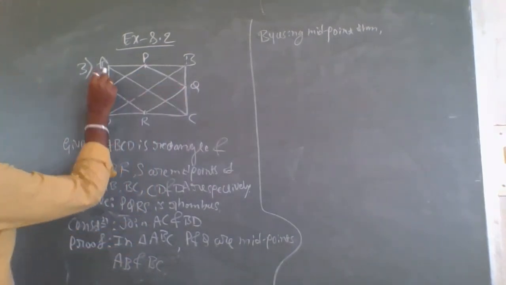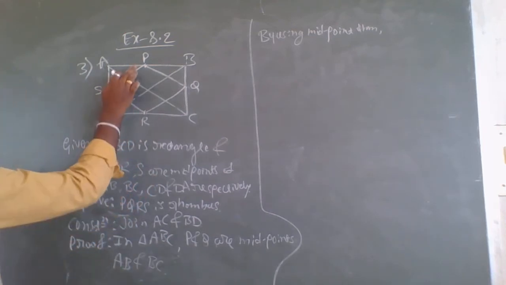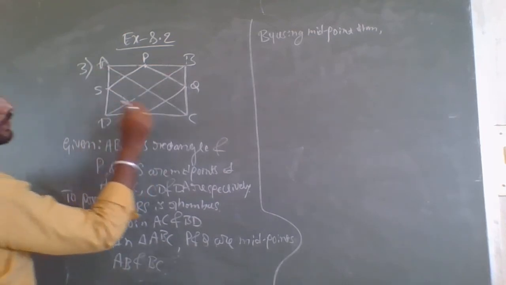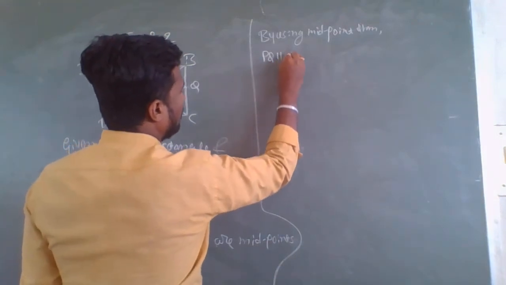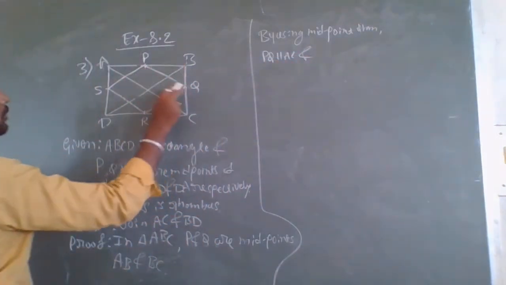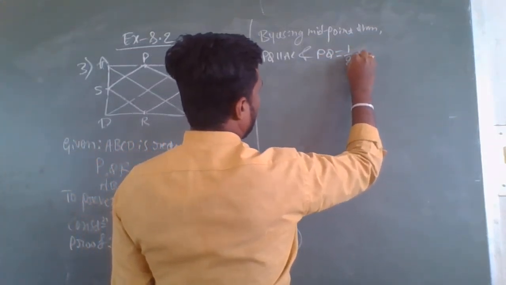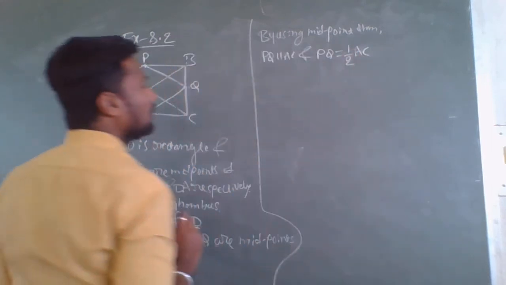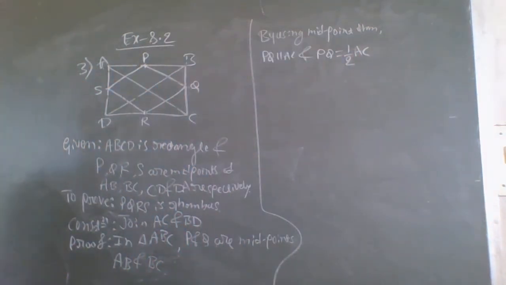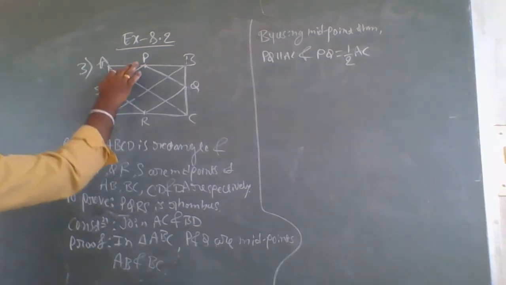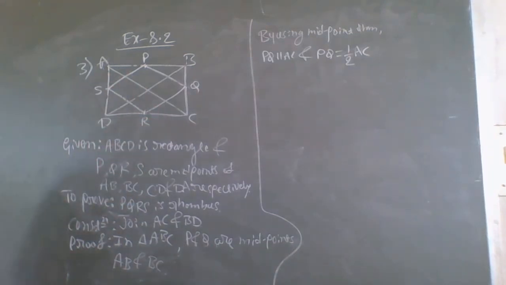PQ is parallel to AC, meaning this side PQ is parallel to the third side AC, and PQ is half of AC. This is my midpoint theorem, and in the previous class also we solved problems by using the midpoint theorem. So here I will write directly: PQ is parallel to AC and PQ is equal to half of AC.